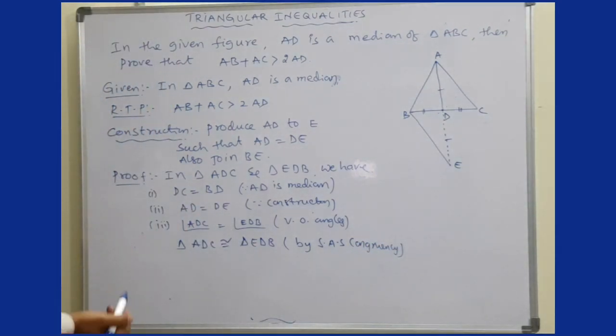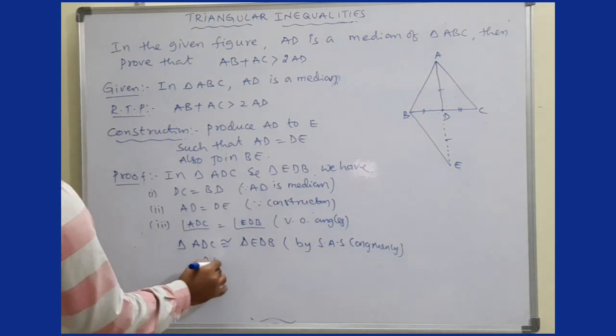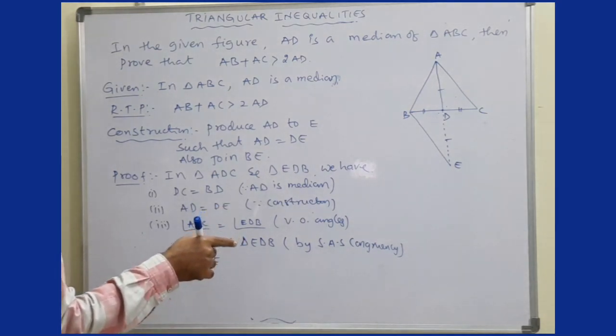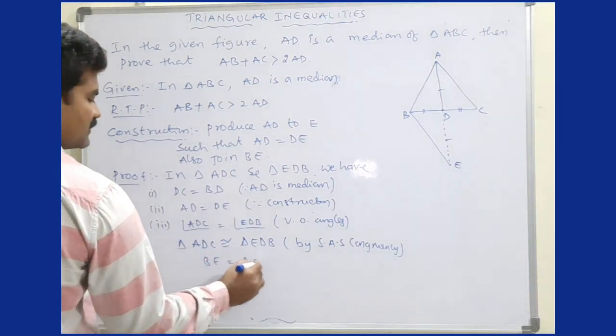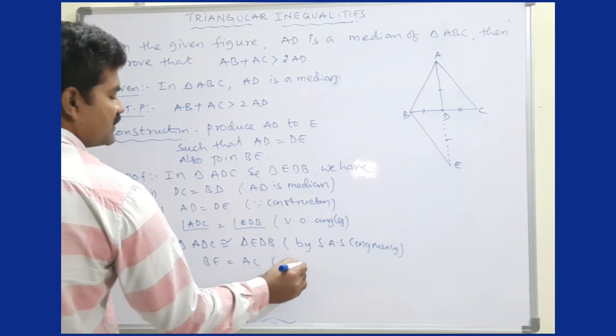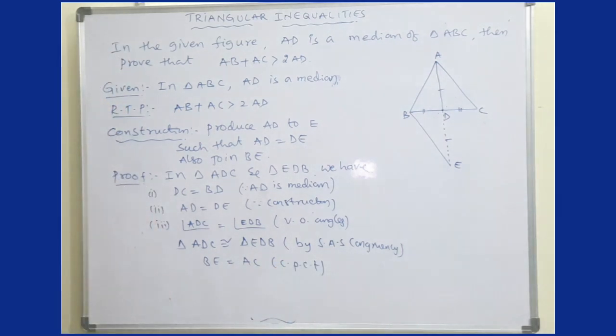Now, since these two triangles are congruent, their corresponding parts BE is equal to AC, because of CPCT, corresponding parts of congruent triangles.